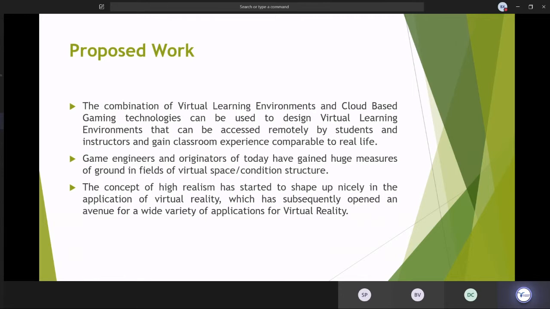These issues can be successfully evaded when using virtual reality in combination with the virtual learning environment. The game engineers and originators of today have gained huge measures and techniques of ground in the fields of virtual space or condition structure.